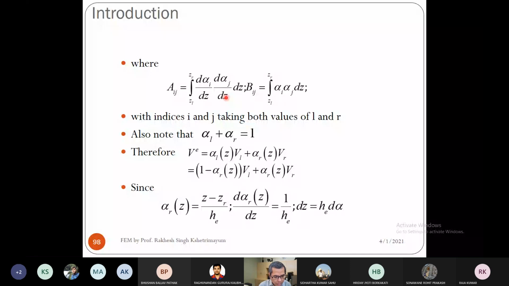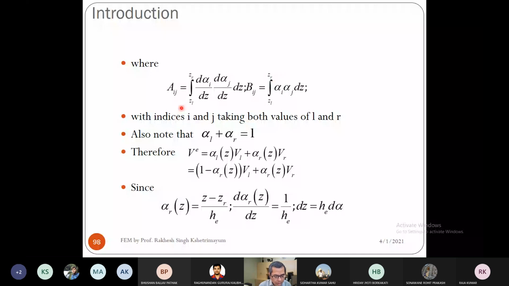Basically, of the square term, you should have two of this differentiation. Similarly, Bij would be integration ZL to ZR, alpha i, alpha j, dz.